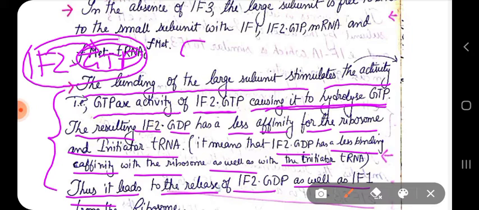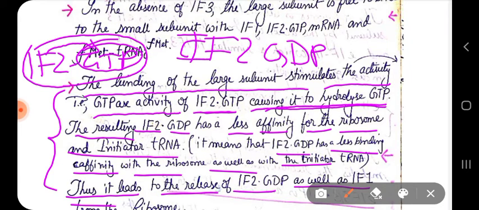So when IF2 hydrolyzes the GTP to form GDP, IF2 cannot interact properly with the ribosome, nor with IF1. Why? Because it has less affinity. IF2 with GDP has a lower binding affinity with the ribosome.